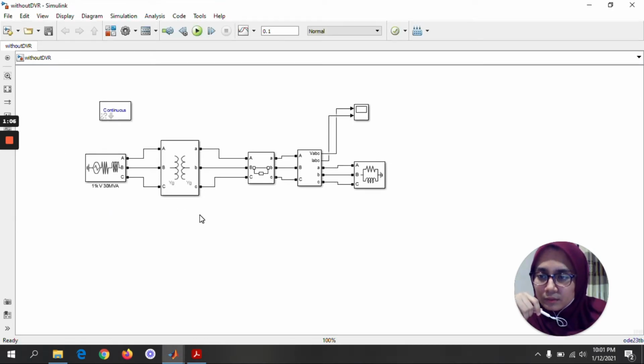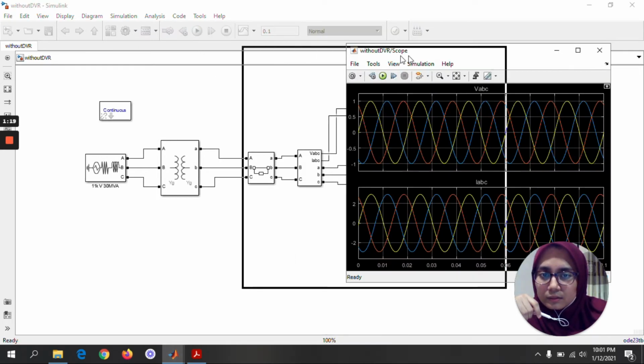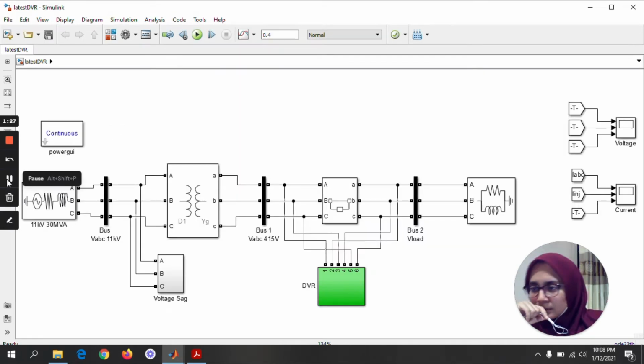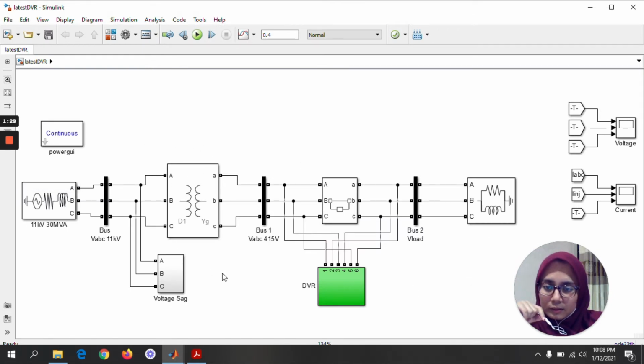Before I forget, this is the model without DVR or voltage sag. After we run, this is the result, voltage and current without any fault. This is the model of the system using the voltage sag and DVR controller.